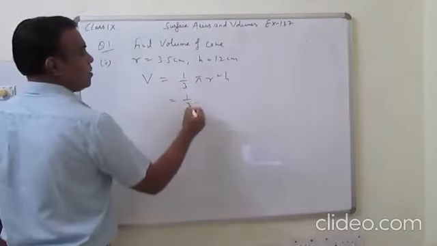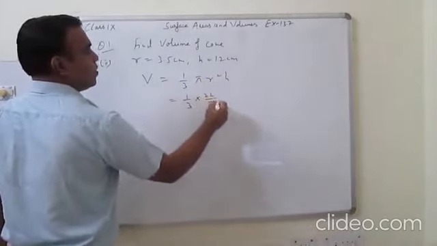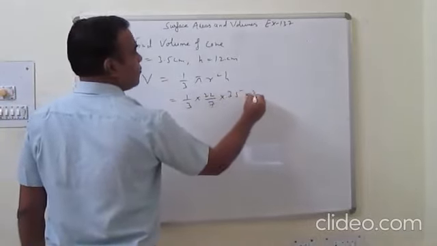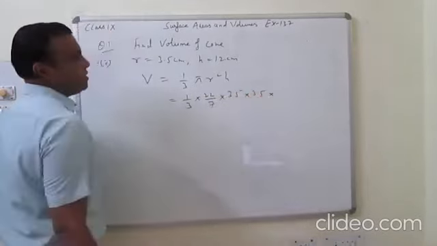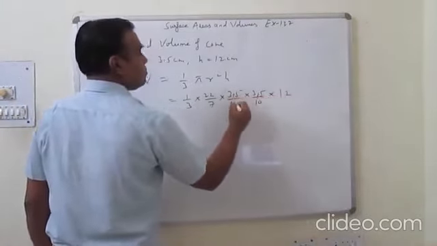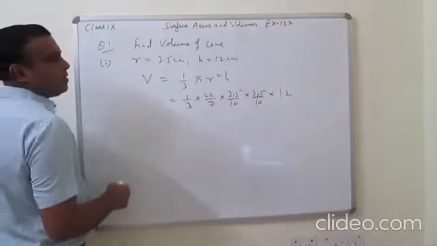Putting the values: 1 upon 3, 22 upon 7, 3.5 into 3.5, into height is 12. This 10 comes down. Now cut it.